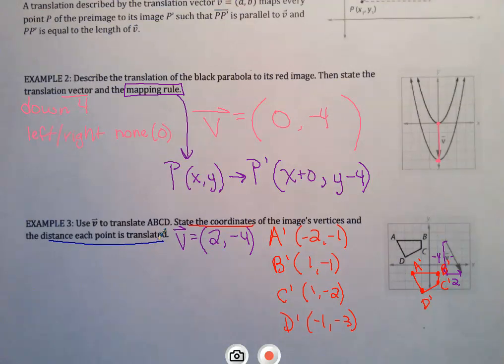D equals the square root of x1 minus x2, plus y1 minus y2. Aren't those in parentheses and squared? Both of them? Yes, they are.